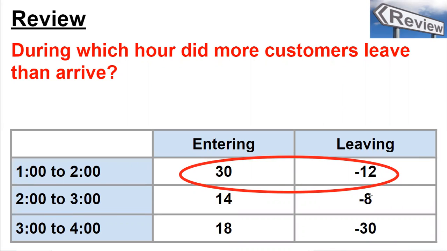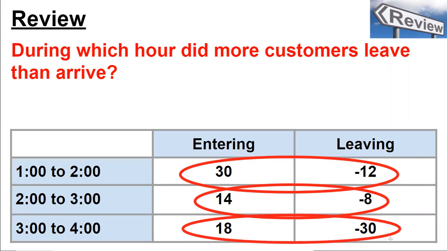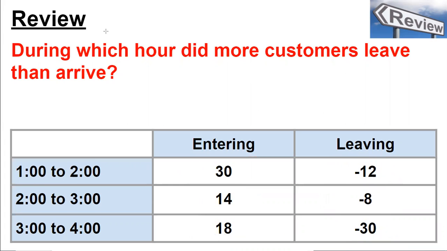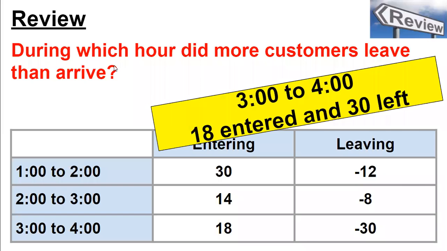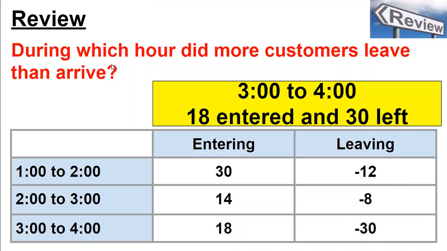Because 30 entered and 12 left, so more people entered. How about this one? 14 people entered, but 8 left. No. We want to find one where more customers left. 18 people entered and 30 people left. There you go. That is your answer. From 3 to 4 o'clock, 18 people entered and 30 people left.